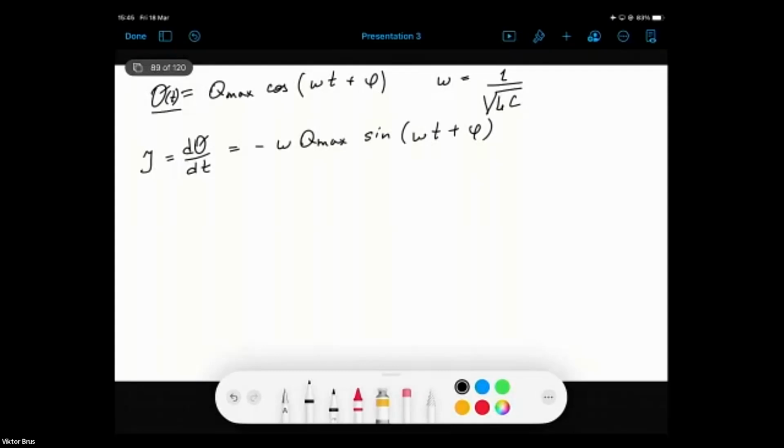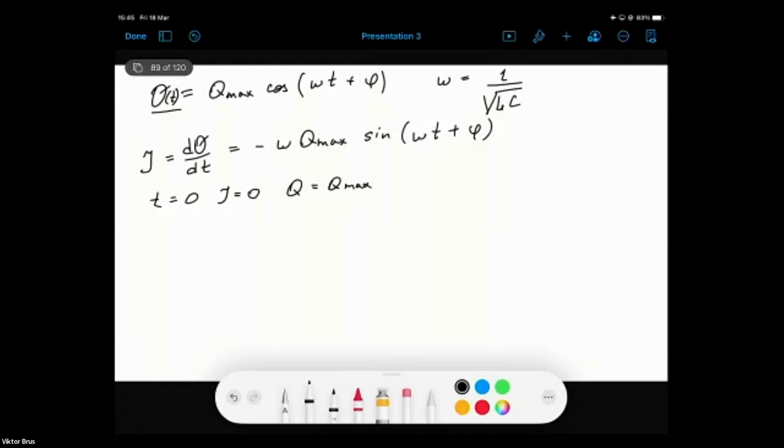So if we assume in our case that at moment t equals 0, electric current is equal to 0, and Q is equal to Q maximum. That's what we considered at the beginning.